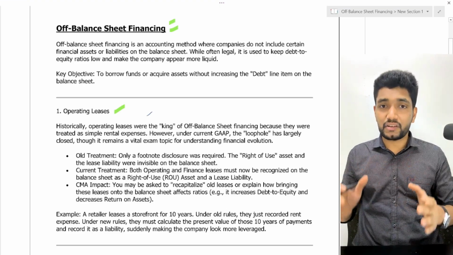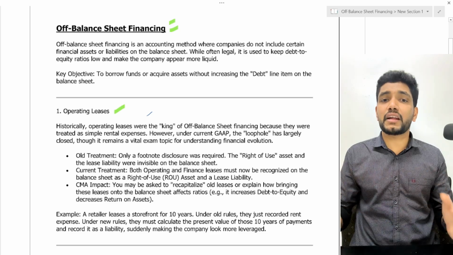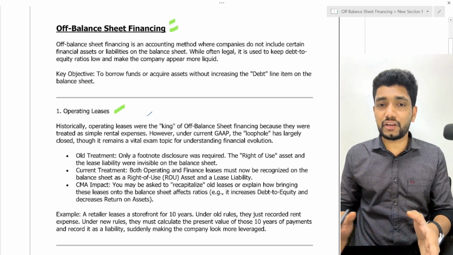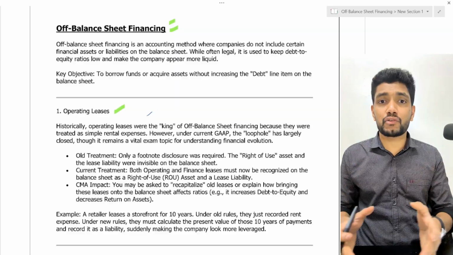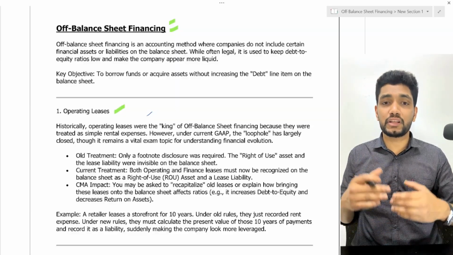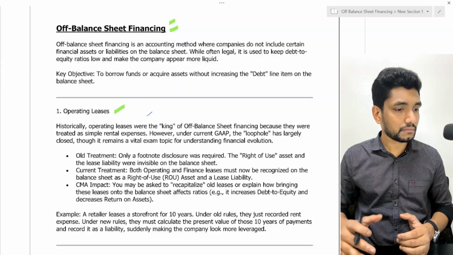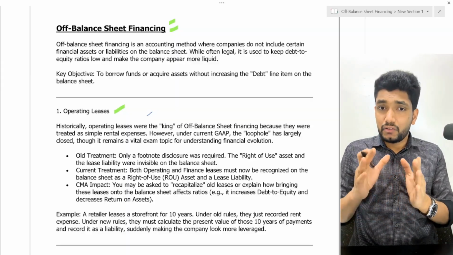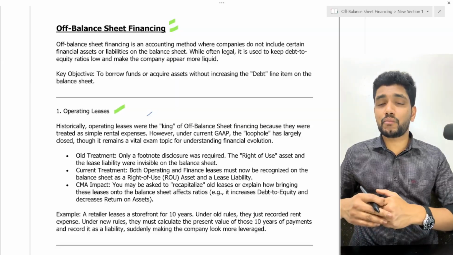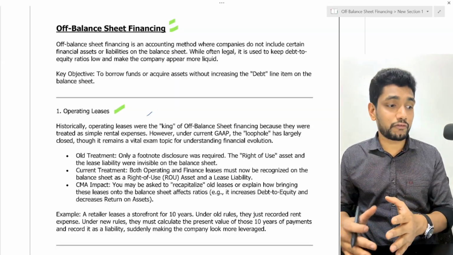It is rental. We are using a rented asset instead of owning that asset, and we are paying monthly rent to that service provider and using that asset. So here we need to look at the treatment of rental.